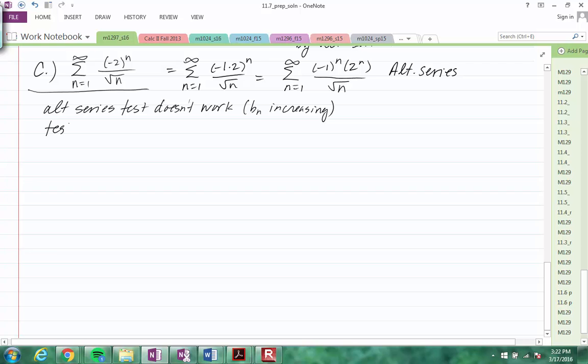Test for divergence, talking about that a little bit, involves taking the limit as n goes to infinity of the whole thing, including the alternating part.